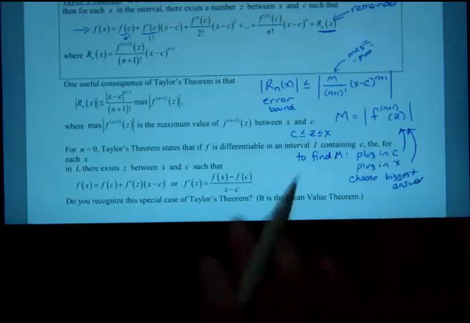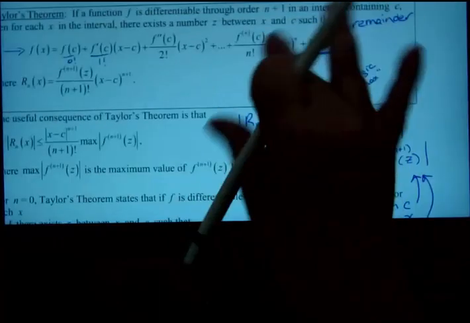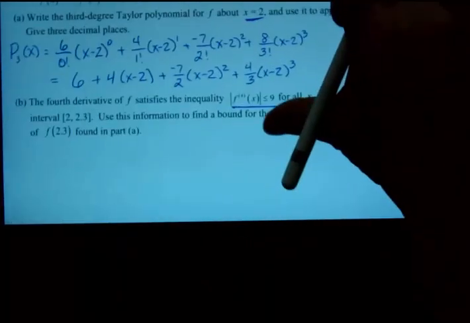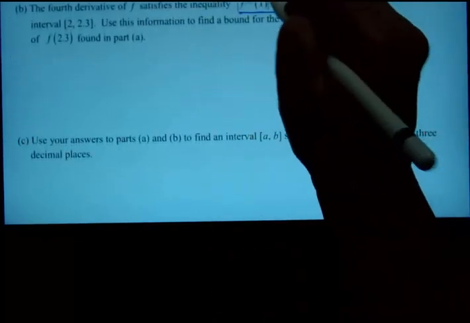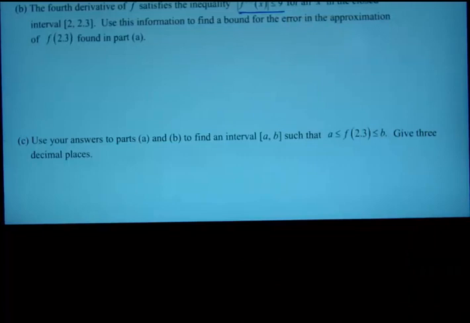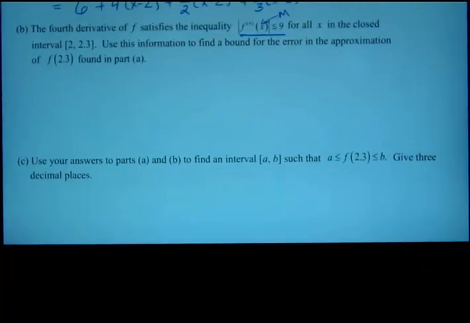So let's go back. This right here is m. This is telling me that m is less than or equal to 9. So I don't have to go find m. They're telling me what m is.